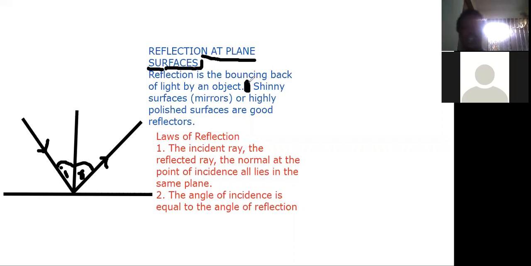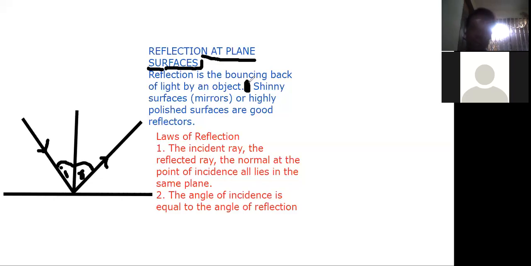They do, but shiny surfaces are good reflectors of light. And so shiny or polished surfaces like the mirror and our polished shoes and so on are good reflectors of light. That means they are able to reflect almost all the light that hits them.